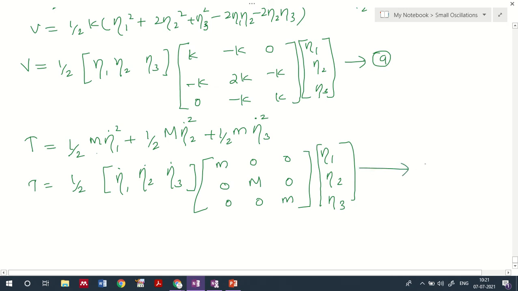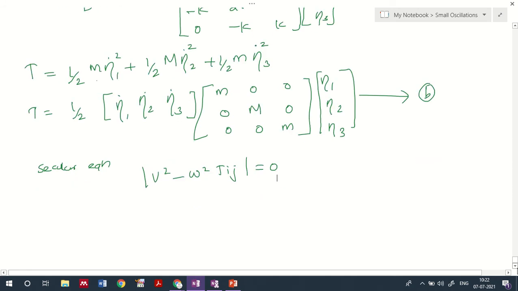I represent this as equation number B. Now we know the secular equation representation. We generally represent it as the determinant of V minus omega square Tij, which is equal to 0.